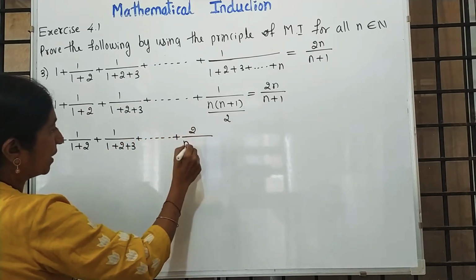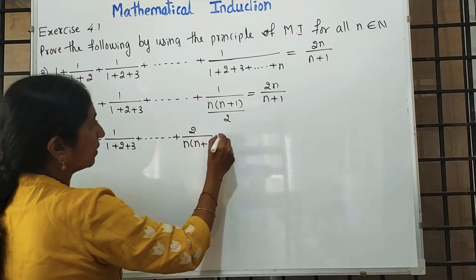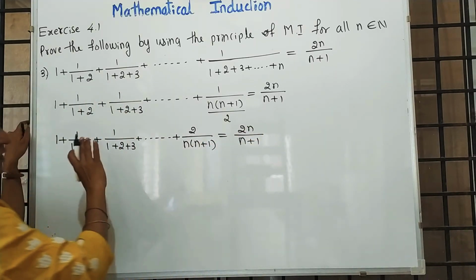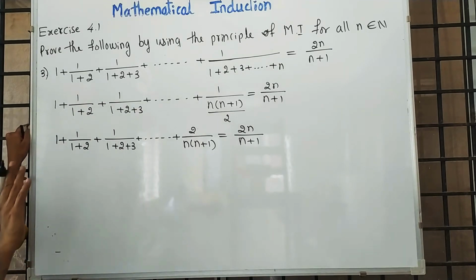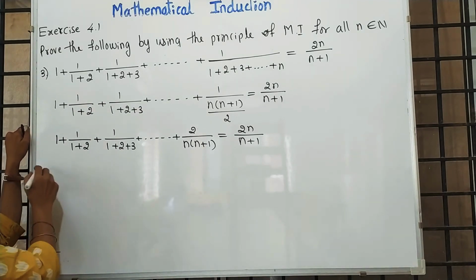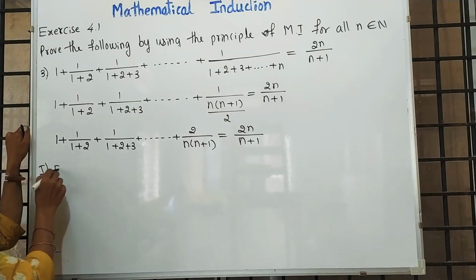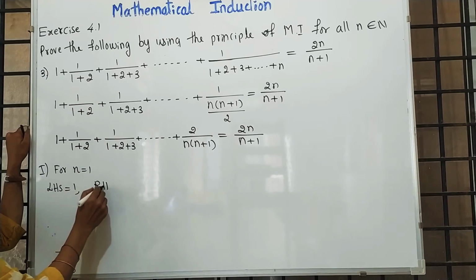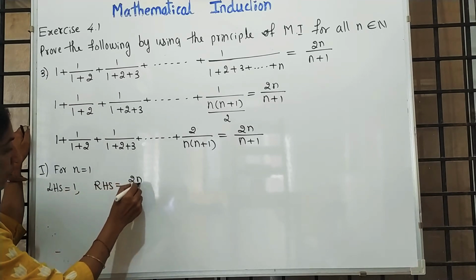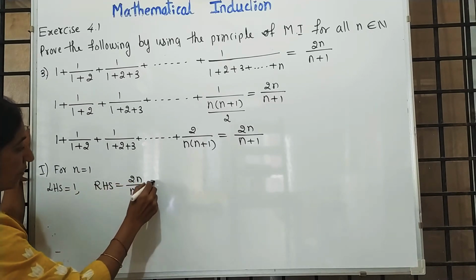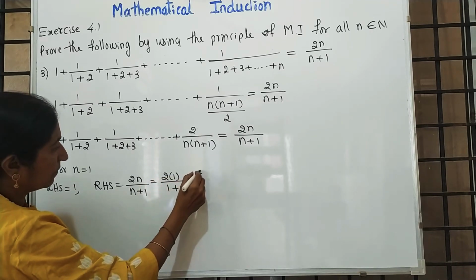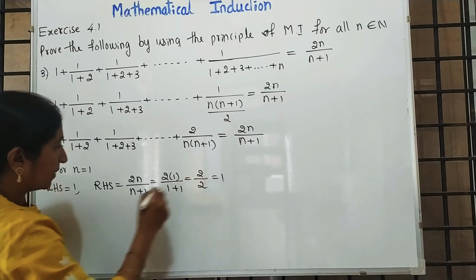2 upon n into n plus 1 is equal to 2n upon n plus 1. This is the given example, written like this. Now apply the steps. For n is equal to 1, LHS is 1, RHS is 2n upon n plus 1, that is 1.